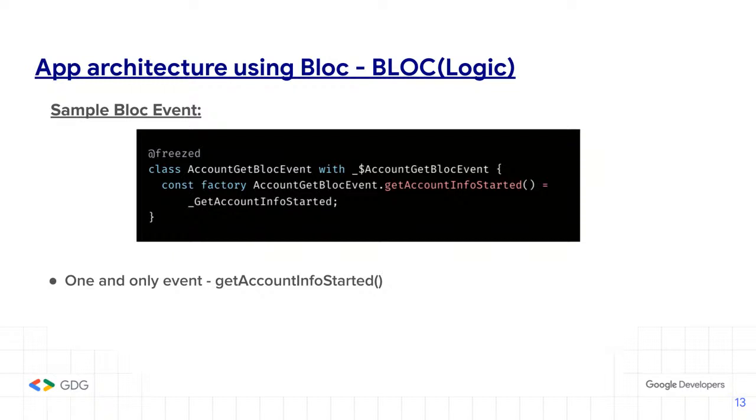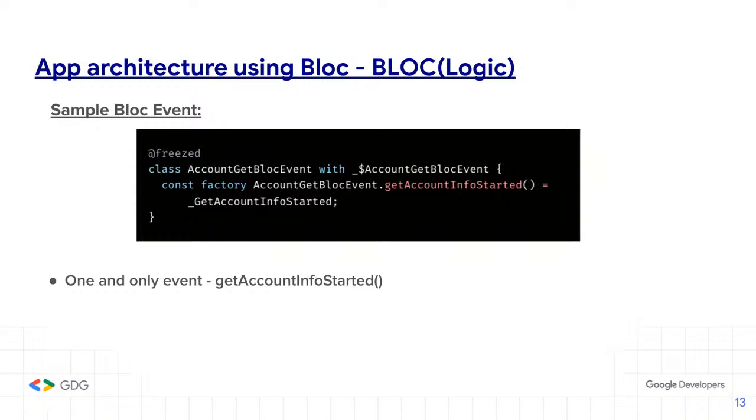Next we will be looking at an event. Now I want to make a call to get the account information of a particular user. The only event that I have here is GetAccountInfoStarted. And note that I'm using it with the freezed package.